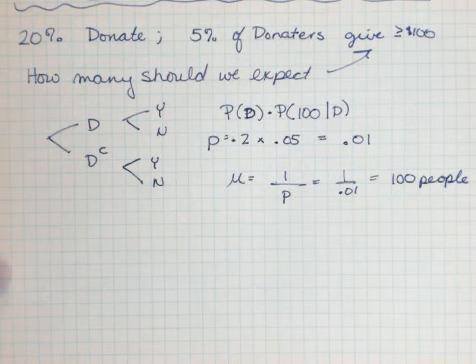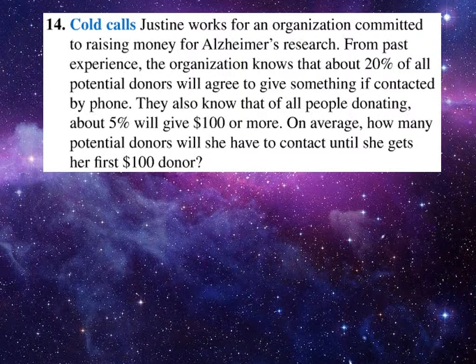Now, the question here said, on average, how many potential donors will she have to contact until she gets her first $100 donor? What do I need to make sure that I do? Put it in context. I know it's your favorite thing in this class, right? No, it's not. You all hate this.